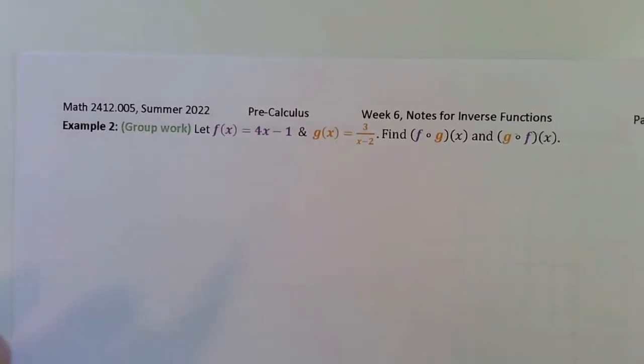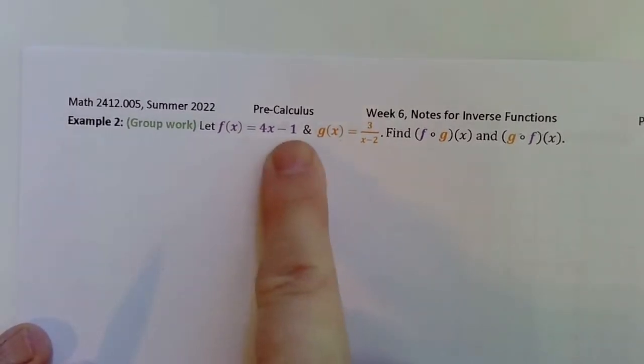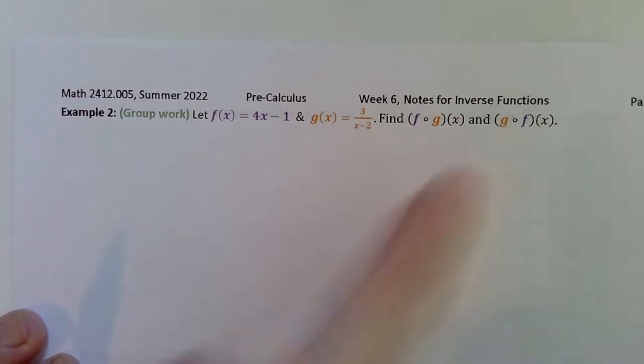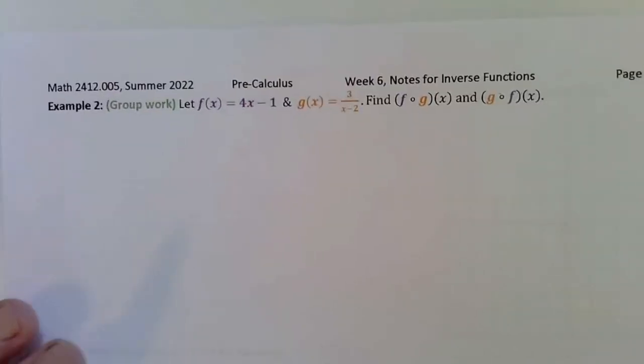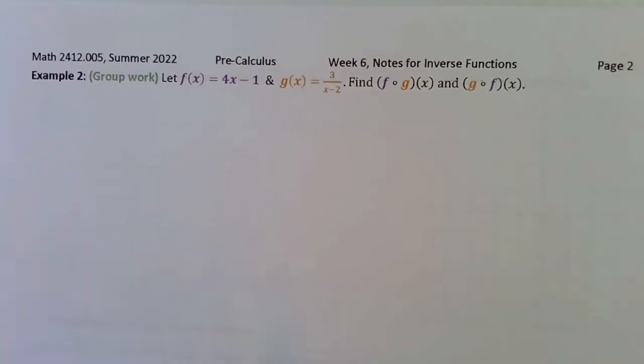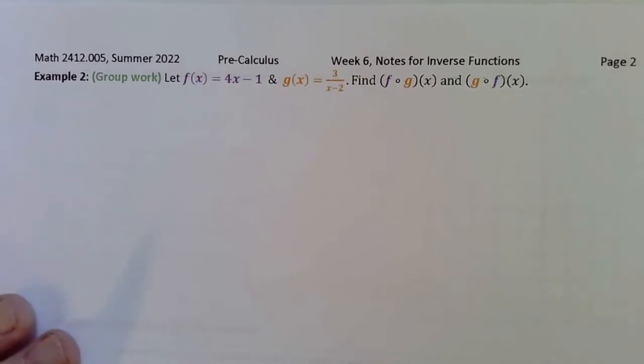Please pause the video and work this problem out in your notes. There are going to be several problems, and I want you to upload those problems at the end of the video all at one time.